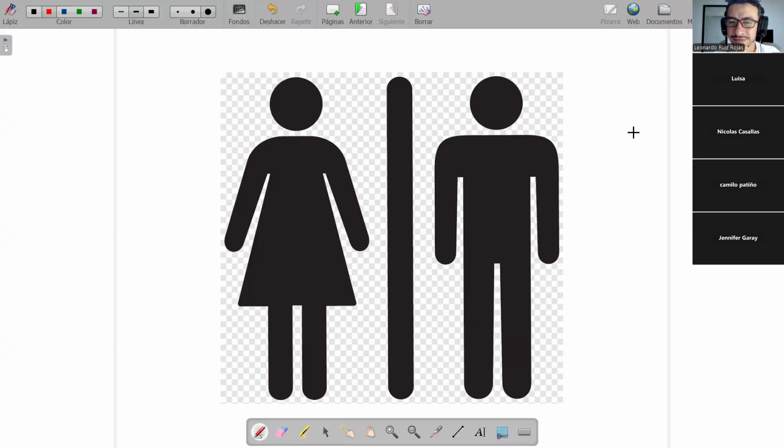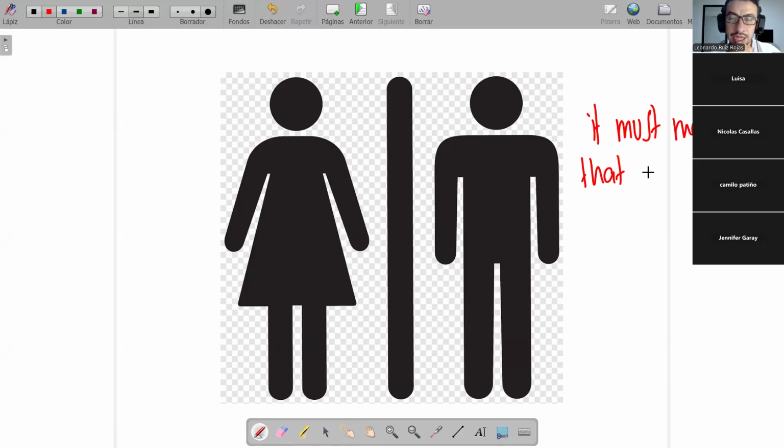The signal, it must mean that it indicates a bathroom for women and men. Exactly.